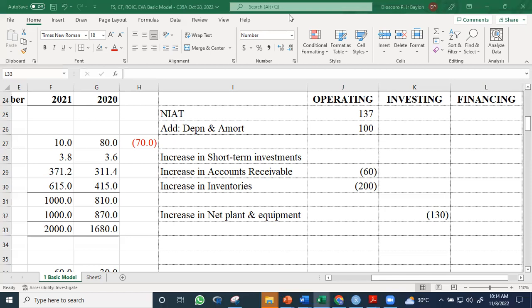I hope that there will be more responses, because the response rate of this class is really so low. Not even 50% respond to my questions. Yes or no lang. It's so difficult to draw out some responses.